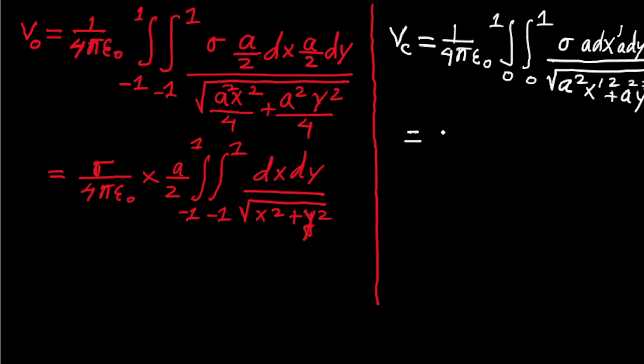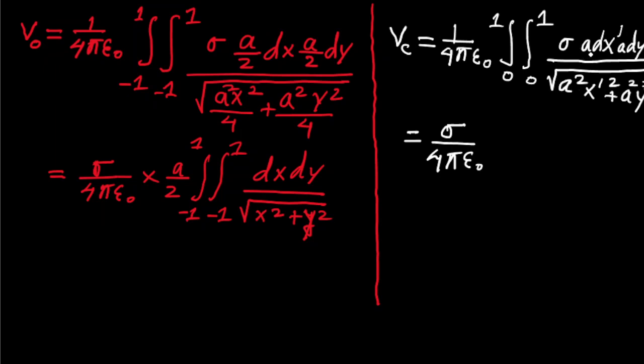We'll get sigma, which you can again take outside, so sigma divided by 4 pi epsilon naught. Since x prime and y prime both have an a square term, you can take a square common from the denominator, and if you take it out from the square root, you will get a.